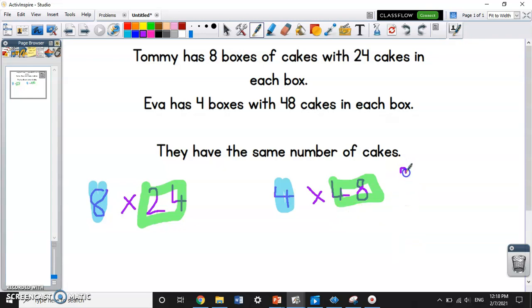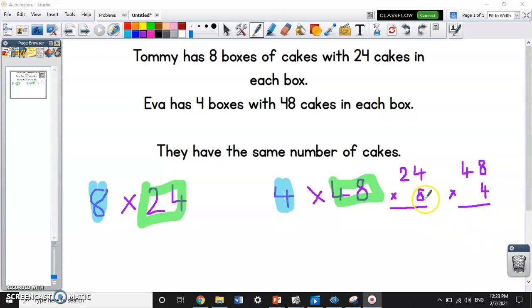Okay, I'm writing out your 24 times by 8, if you don't quite believe me, and your 48 times by 4. Okay, and calculating each of the answers. And hopefully what you'll see there as well is you'll see those similarities.